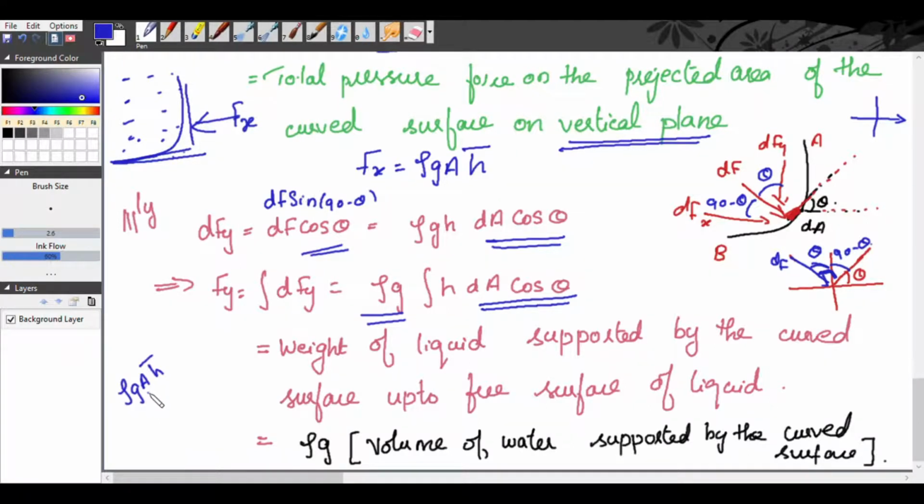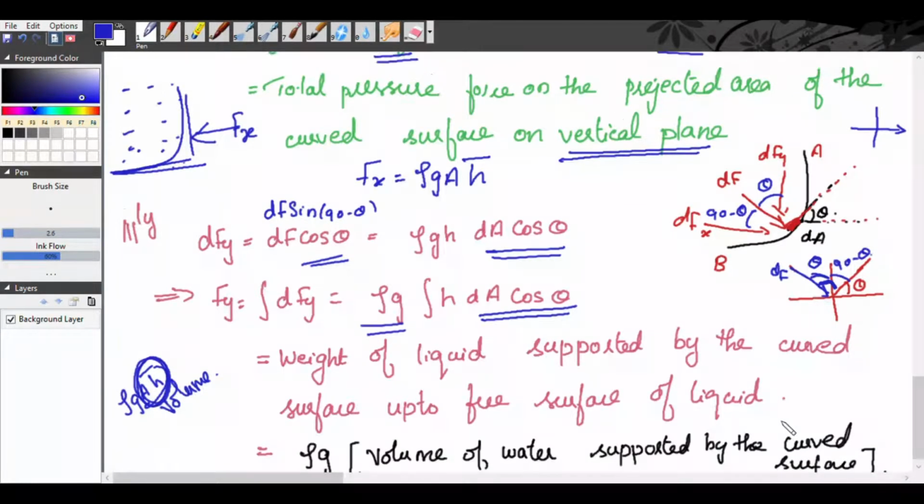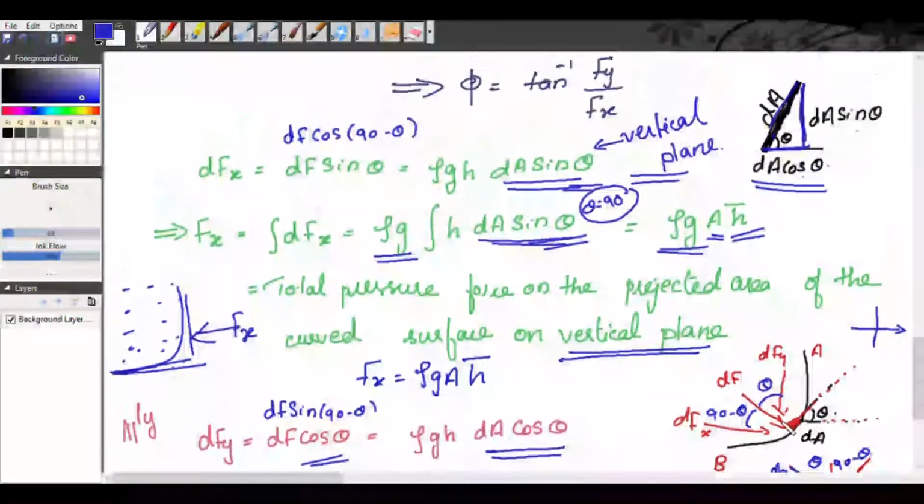Here when we are taking the horizontal surface, this A h bar will be equal to the volume. So it is the volume of water displaced by the curved surface. So that's all. You have to remember what a curved surface is.